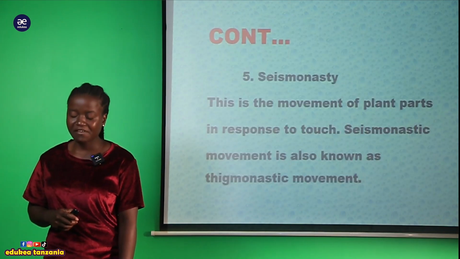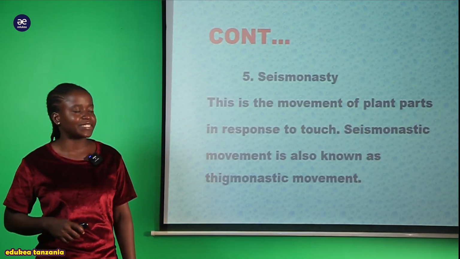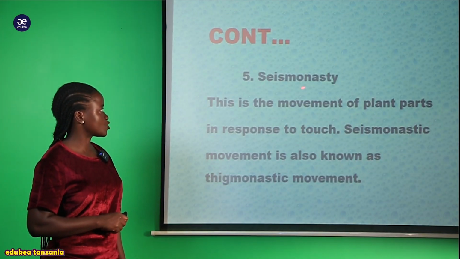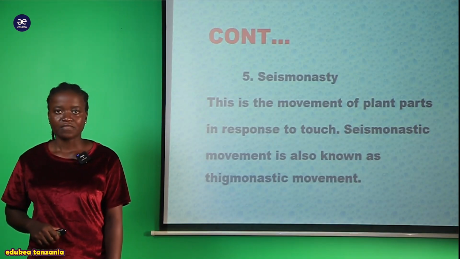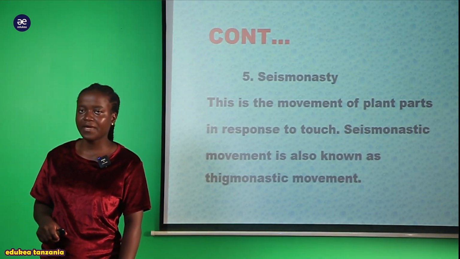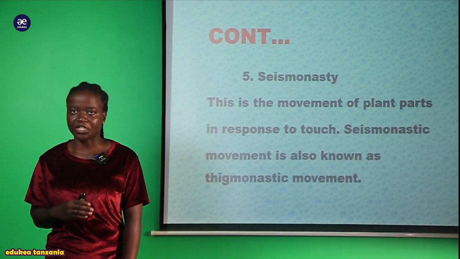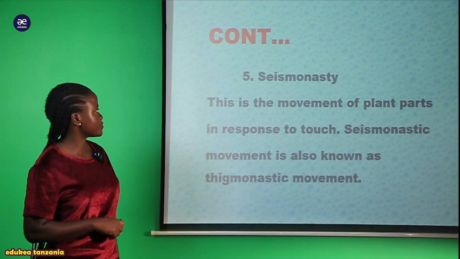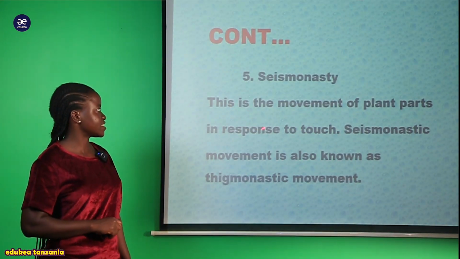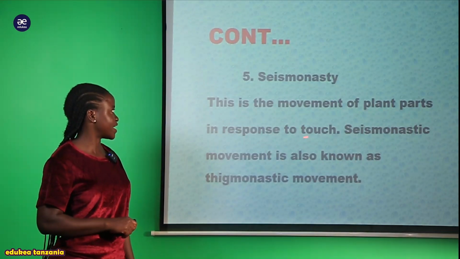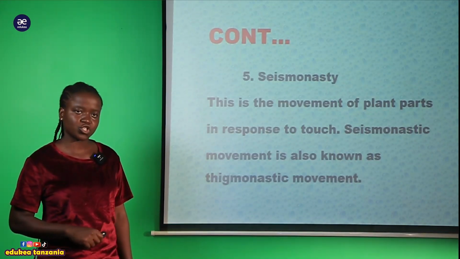And also we have another kind of nastic movement, and this is seismonasty. We have to know what this seismonasty is and an example of it. So seismonasty, we can say that this is the movement of a plant part in response to touch.